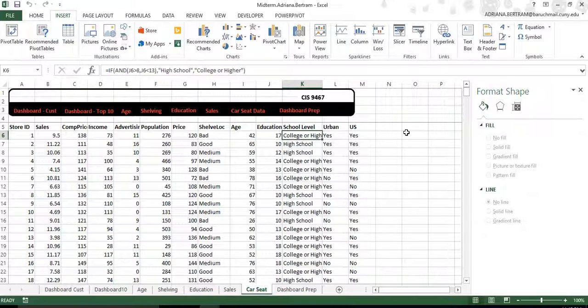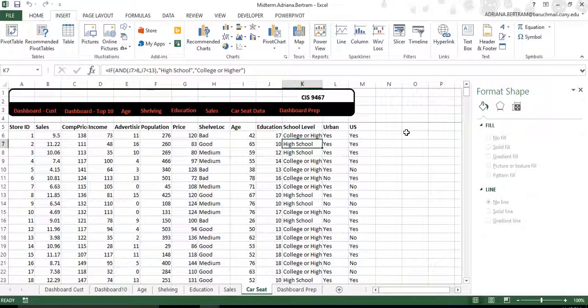Basically what this says is, if the education level is between 8 and 13, I'm going to say that this particular education level is high school. But if it's higher than 12, that means they're in college or higher. So instead of saying the 17th level of education, that refers to college or higher, as opposed to the 10th grade, which is high school.